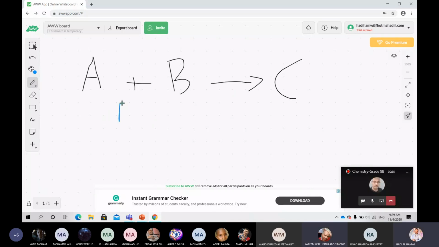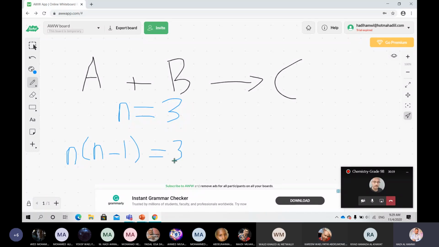So n equals 3. What is the rule? We just memorized it now. n into n minus what? 1. Yes. So you substitute n with 3.